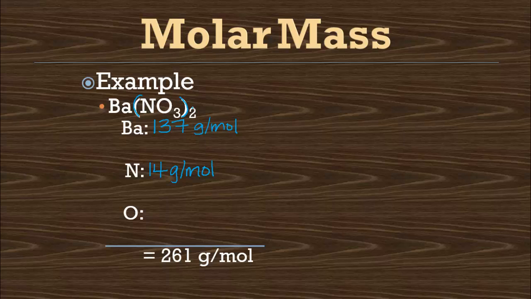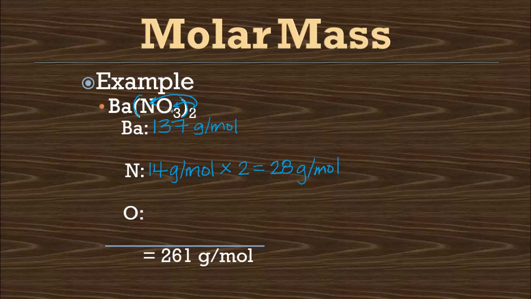So what this means is this 2 is going to distribute to both oxygen and to nitrogen. So nitrogen actually has 2 of them. So we're going to take our 14 and we're going to multiply it by 2 and get 28 grams per mole.